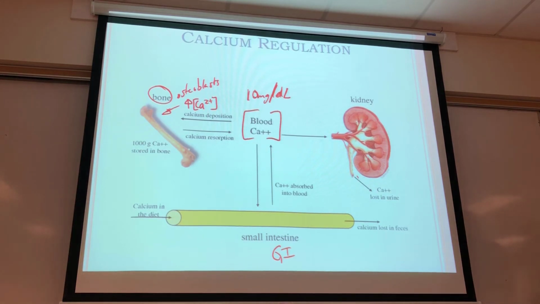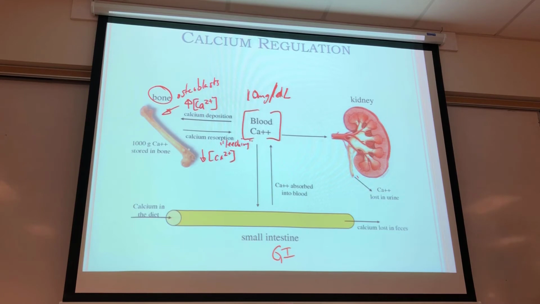We'll combine that with these hydroxyapatite crystals and layer bone right up on top. Calcium resorption is also known as leaching. At times when calcium levels are low, we can pull calcium from the bone in order to raise blood calcium. So that's one way of doing it.